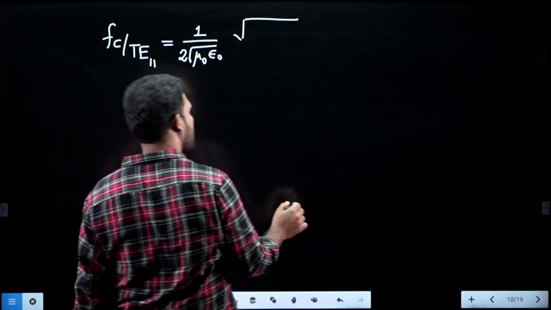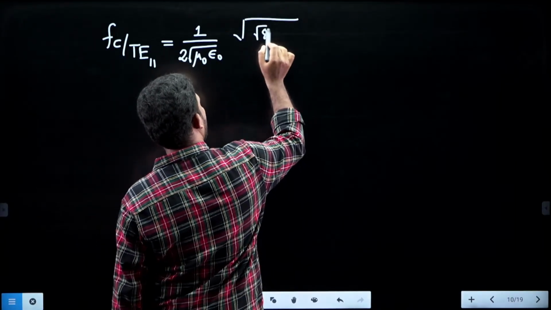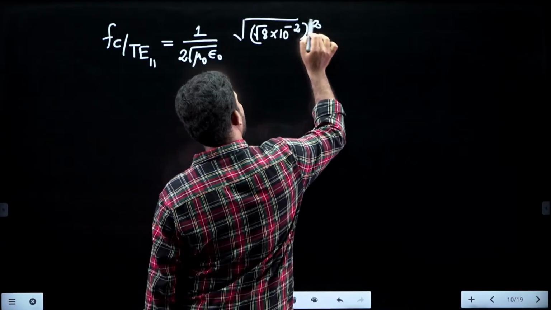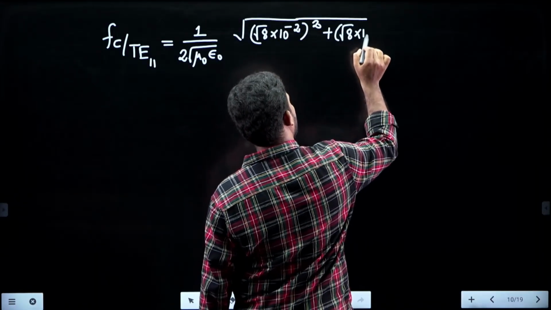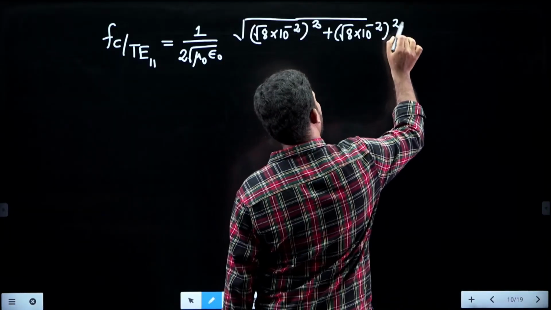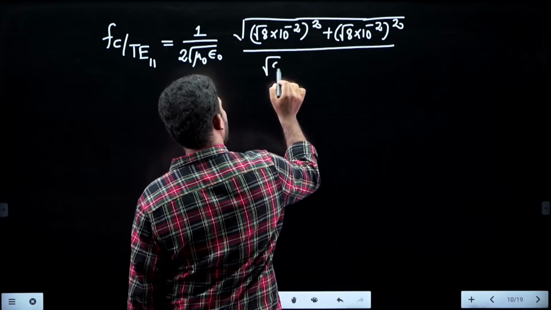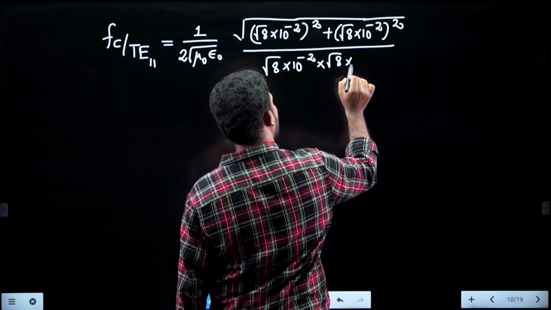A square and b square are same. Everything is in centimeters. So square root of 8 into 10 to the power of minus 2 whole square plus square root of 8 into 10 to the power of minus 2 whole square, divided by square root of 8 into 10 to the power of minus 2 into square root of 8 into 10 to the power of minus 2.